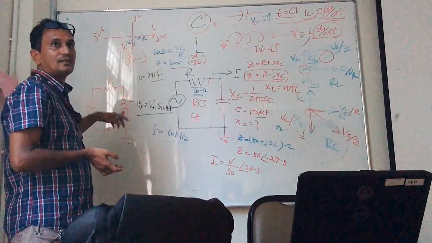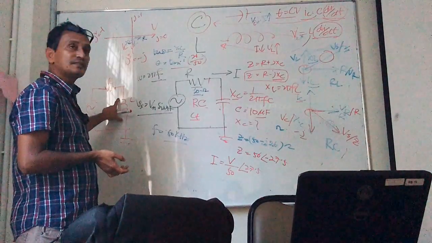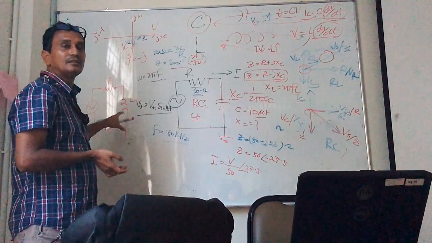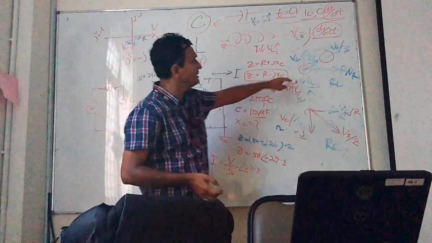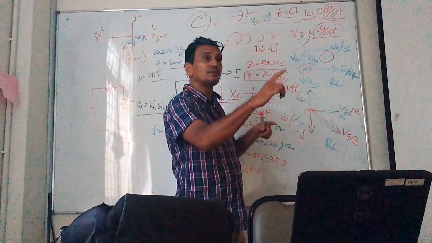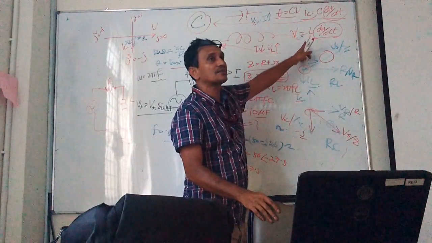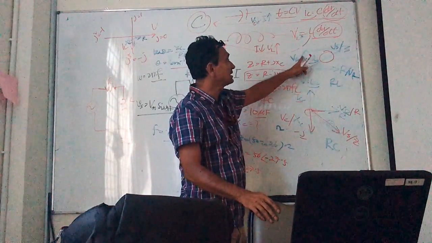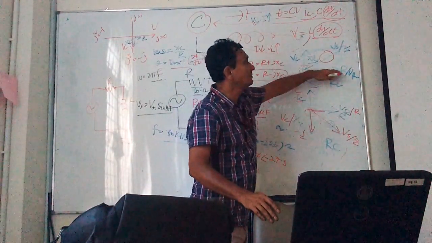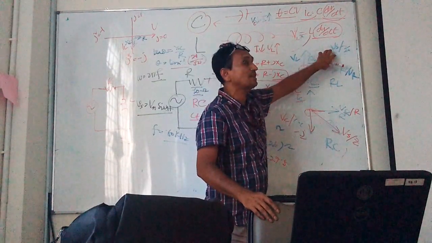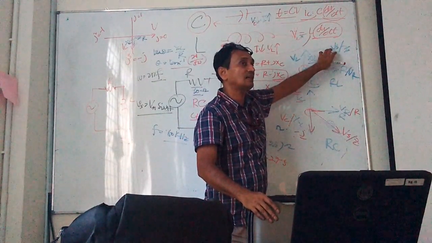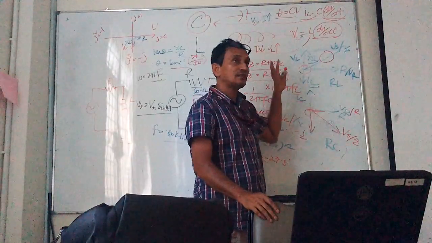So here voltage is leading, current is lagging, by 90 degrees with reference to the voltage. So the inductive reactance should be leading with reference to resistance, and impedance should be in the first coordinate in the inductive RL circuit. This is the first concept.